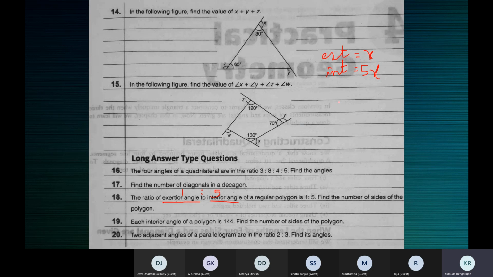We know that the sum of the interior and exterior angle is always 180 degrees. The measure of the interior angle plus the measure of the exterior angle is equal to 180 degrees. See here, if 70 is the interior angle and y is the exterior angle, will we not say 70 plus y is 180?